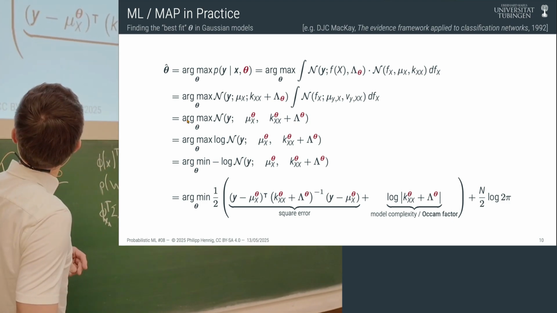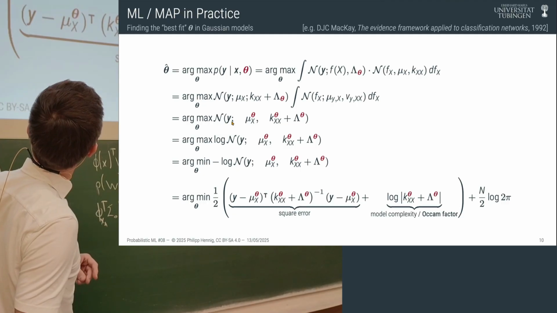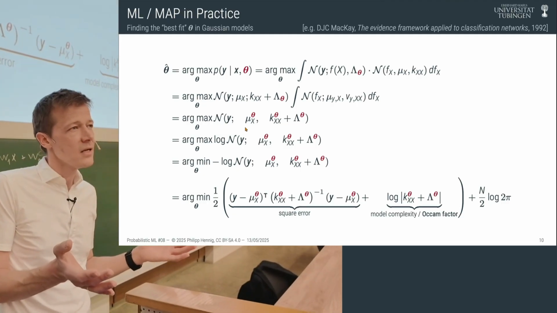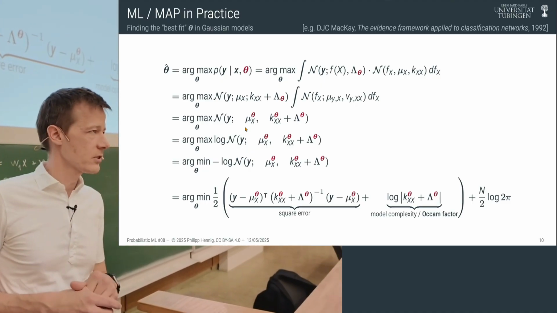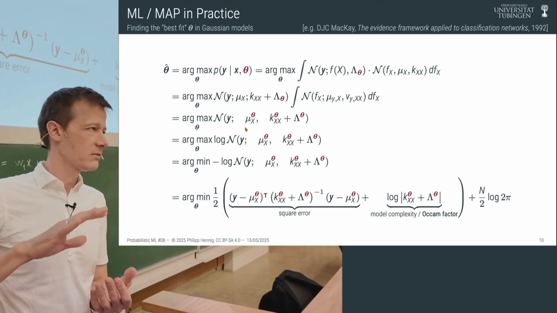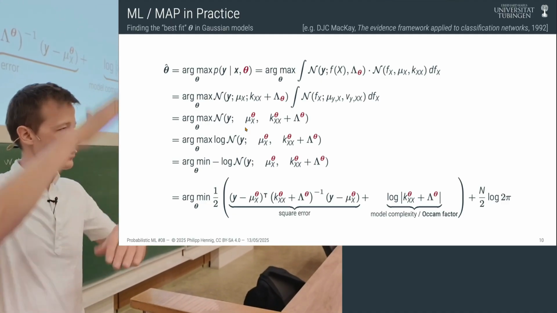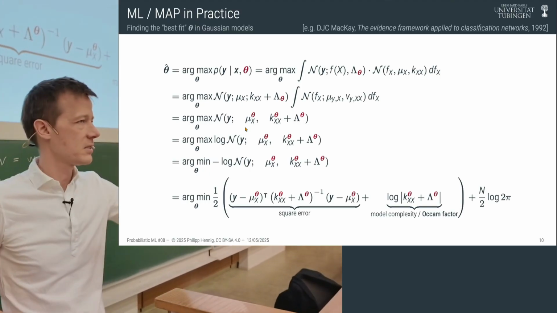And now we can say, oh, this is a distribution, so it's an exponential of some square form. Well, we're going to find the mode of this. So it might be numerically more convenient to optimize the logarithm of this expression. Why? Because logarithms are monotonic transformations, so they don't change the location of the mode. You just rescale everything in a monotonic fashion so that the highest point is still the highest point.